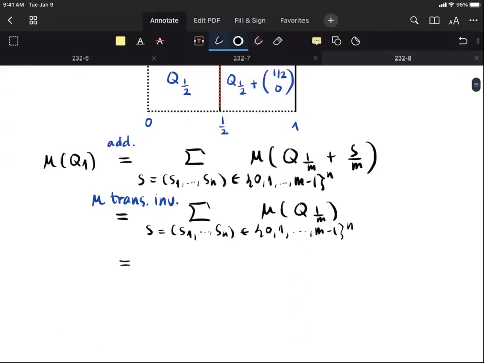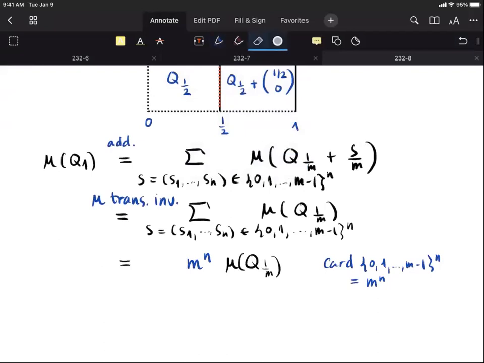Since these are now independent with respect to s, you are taking the sum of this how many times depending on the cardinality of this Cartesian product. And of course, the cardinality is equal to m to the n. Hence, this will be multiplied by a factor m to the n.